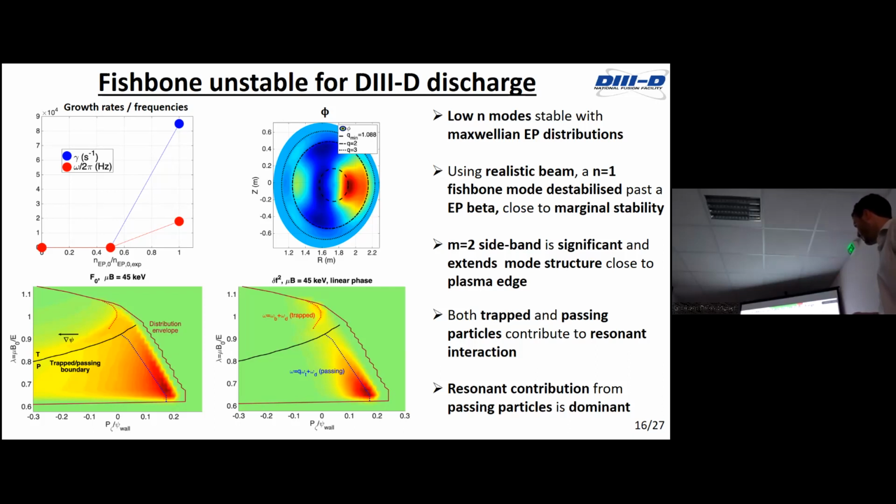So you can see here a resonance for trapped particles that is of a bounce precessional type. And you can see here also for passing particles a resonance of transit type. But we can also see that the resonant contribution from passing particles is dominant, and it will mostly drive the mode.